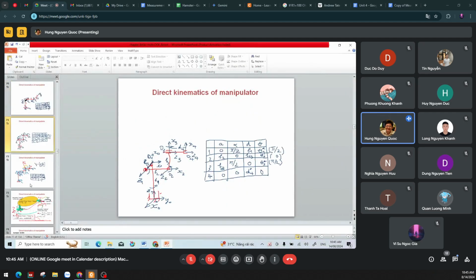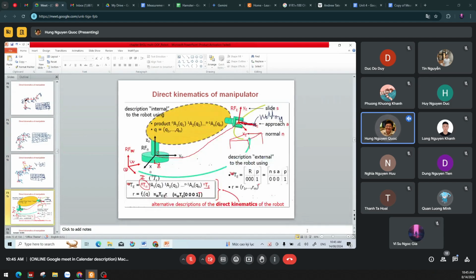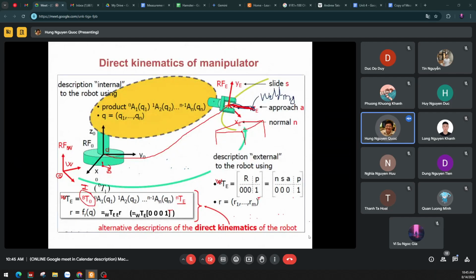This figure shows you the most general case, when you put the robot somewhere and you want to calculate the endpoint with reference to the global or work coordinate. Then you can find the endpoint of the robot with reference to the work coordinate by multiplying.